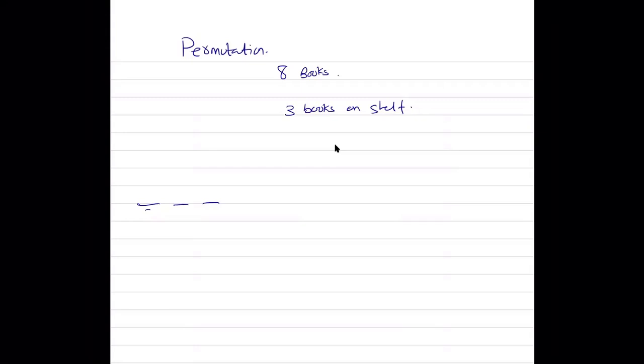So how many options will the first position have? 8. Any of the 8 books can be kept on the first place. Let's say you kept one of the books. Now how many books are there with you? 7.